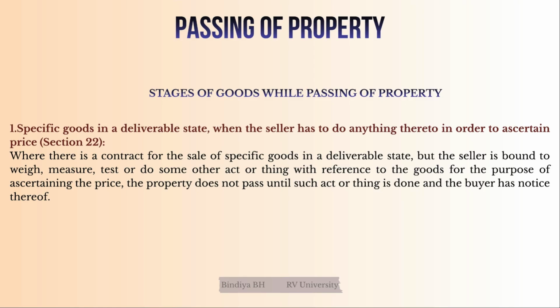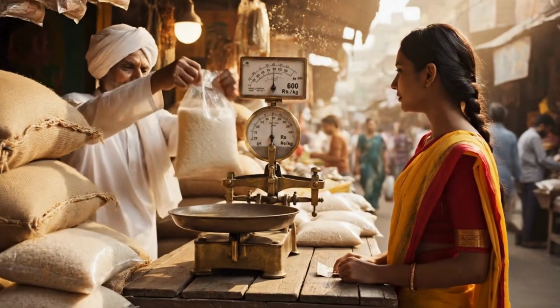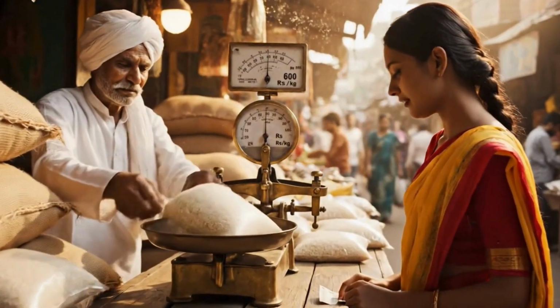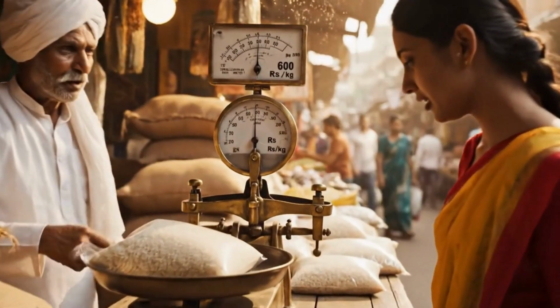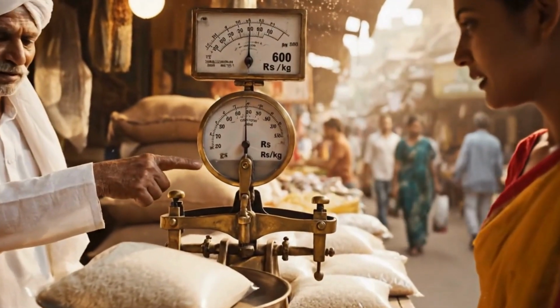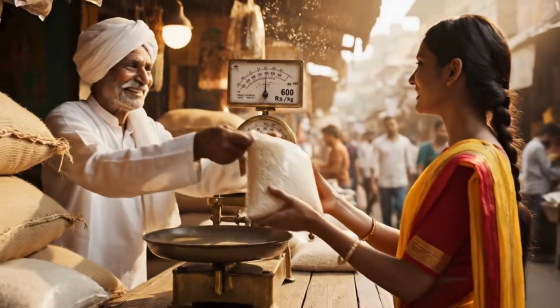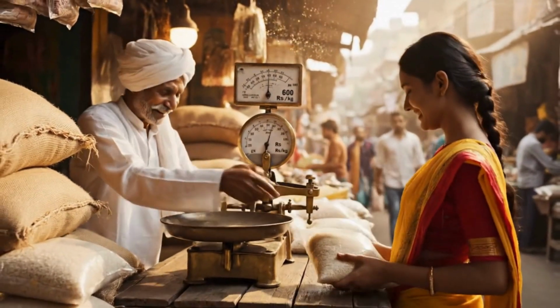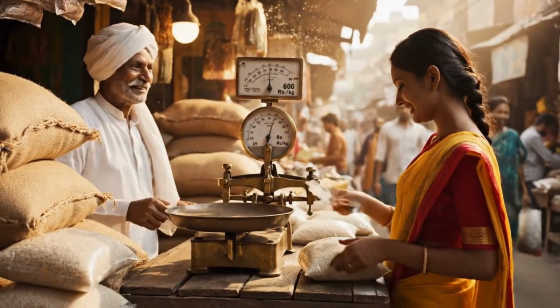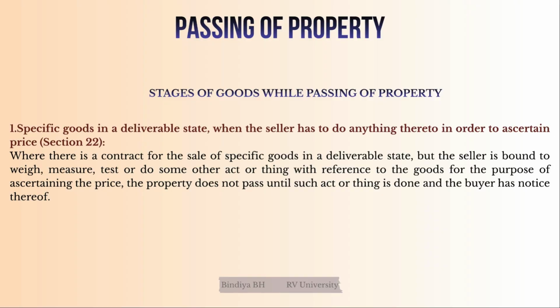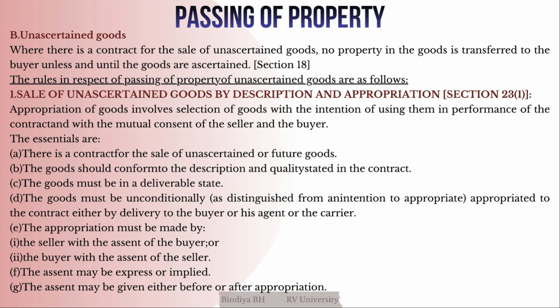For example, A agrees to sell rice to B at rupees 60 per kg. The rice is packed but not yet weighed. So here the ownership passes only after weighing the rice packet and also B is informed about it. So here we can understand deliverable state alone is not enough. Even price must be finalized.